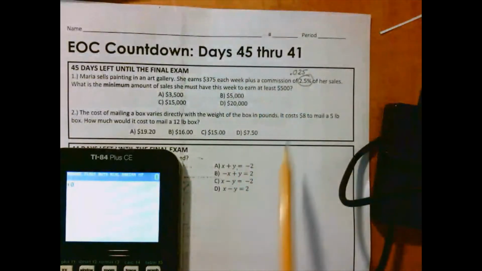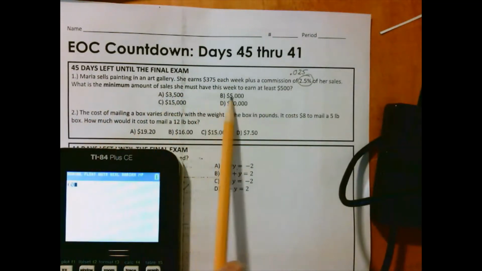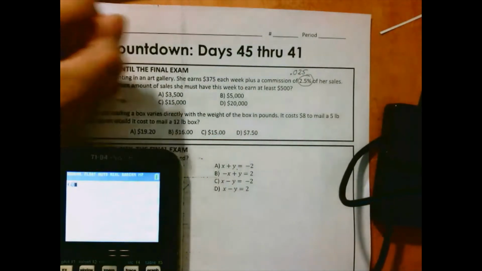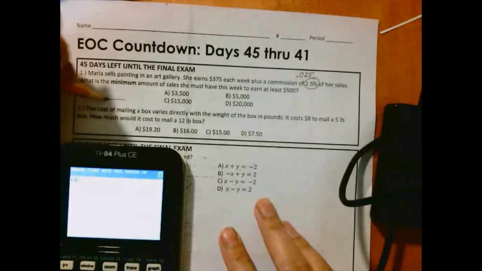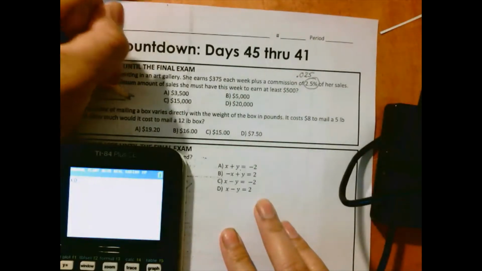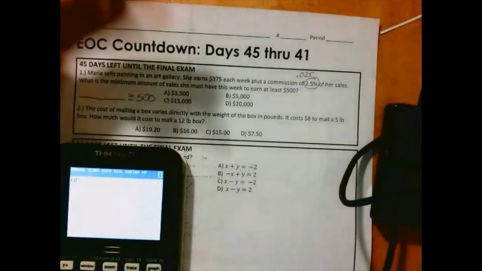Excuse my handwriting. What is the minimum amount of sales she must have this week to earn at least $500? So that means she needs to make $500 or more. So whatever the function is has to be greater than or equal to 500. She earns $3.75 each week.